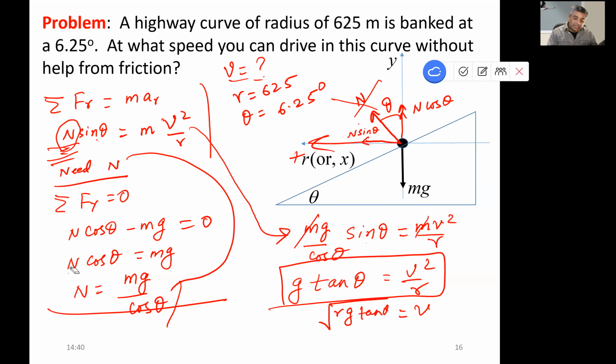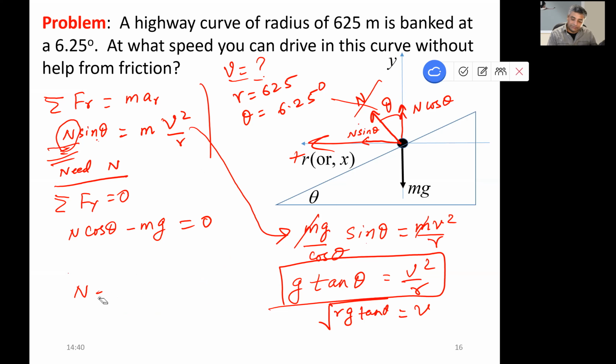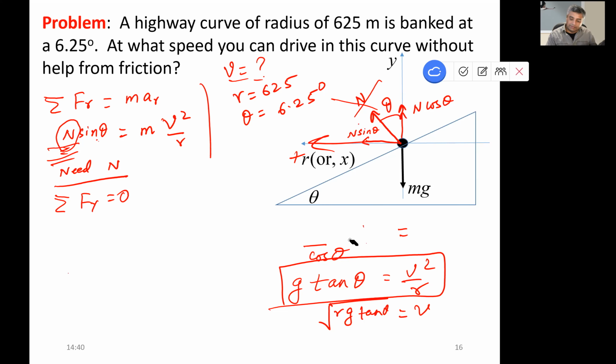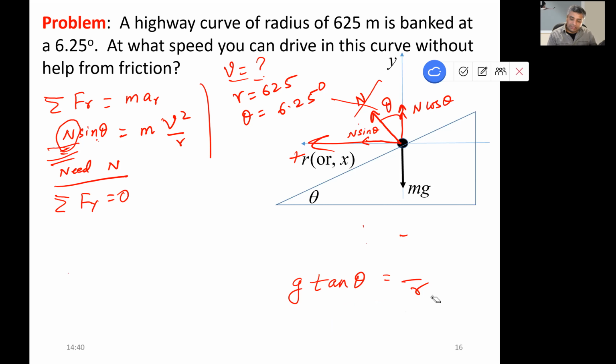So I'm going to erase this because there is another question right there, I think. So for circular motion, this equation comes in handy: g tan theta is v squared over r for the banked curve, okay?